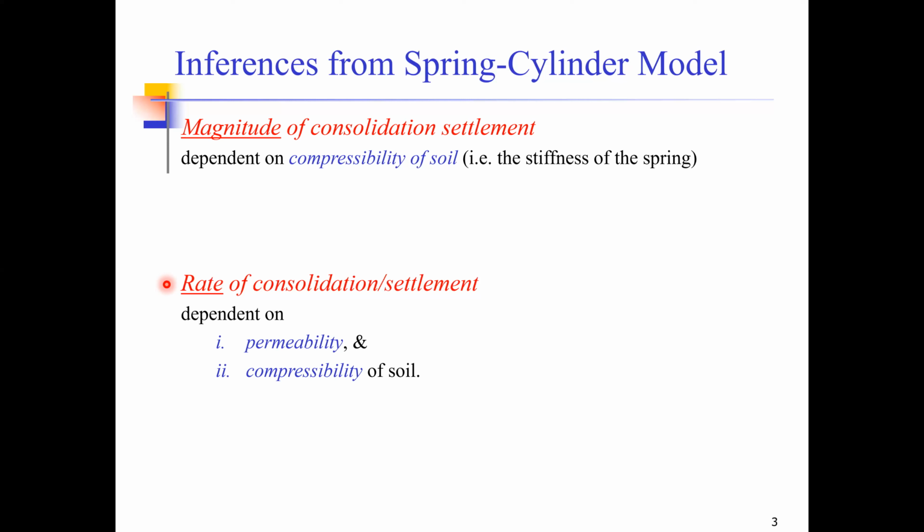So obviously, the more quickly the water can move out of the soil matrix, the faster will be the rate of consolidation, the faster will be the rate of settling of soil. The speed of water ejection from the soil is what we call permeability, and it also depends upon the compressibility of soil.